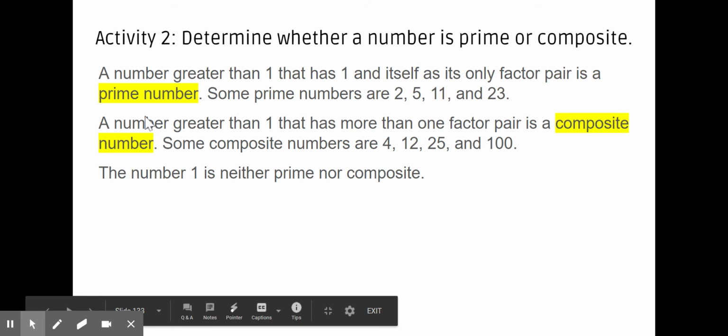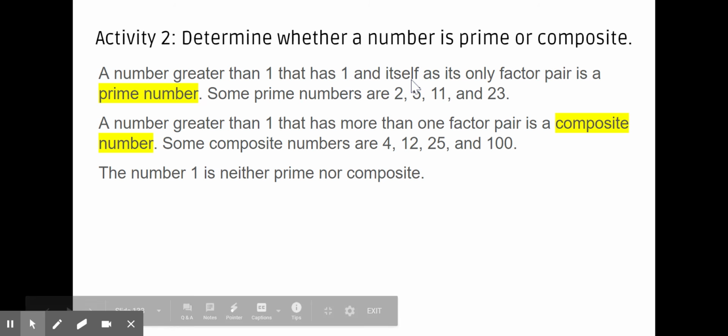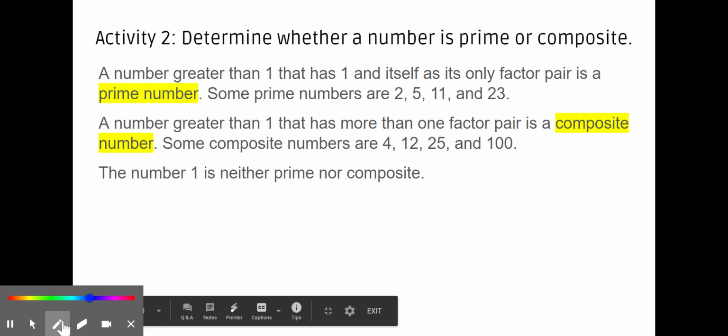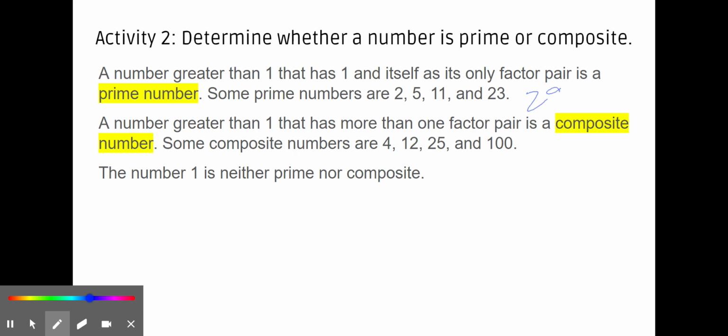So a number greater than 1 that has 1 and itself as its only factor pair is considered a prime number. Some prime numbers are like 2, 5, 3, 23, and we can add one that we figured out, 29.